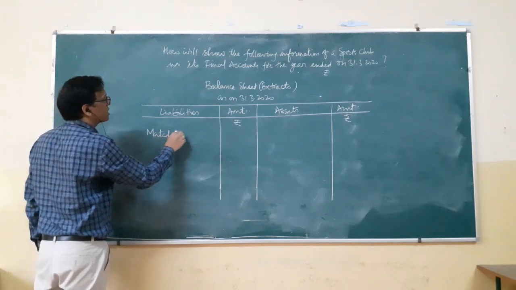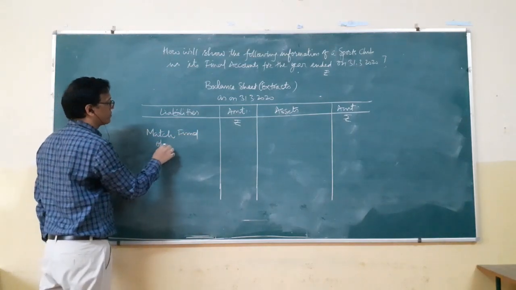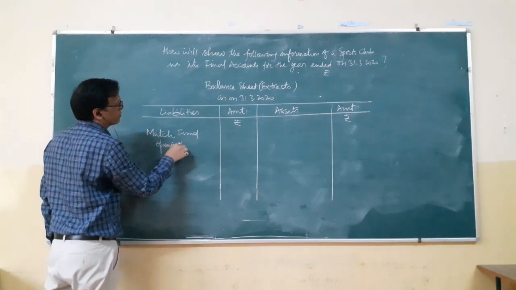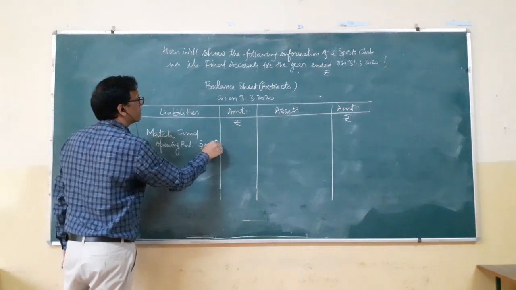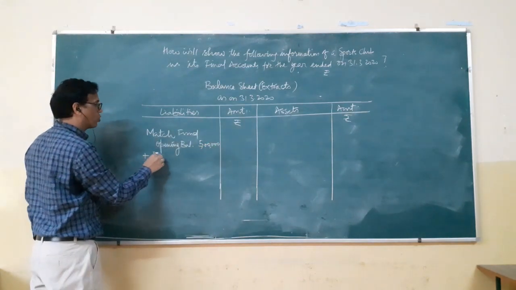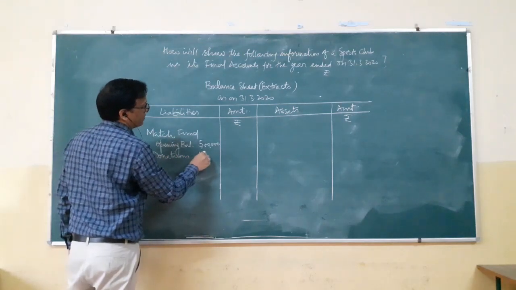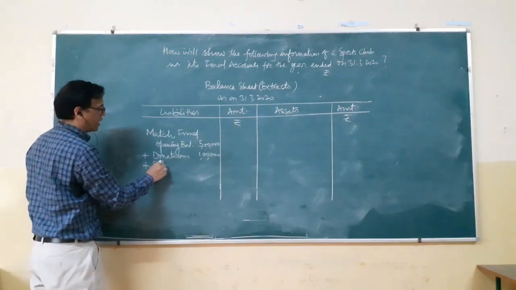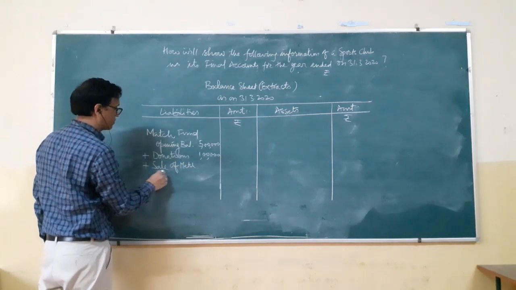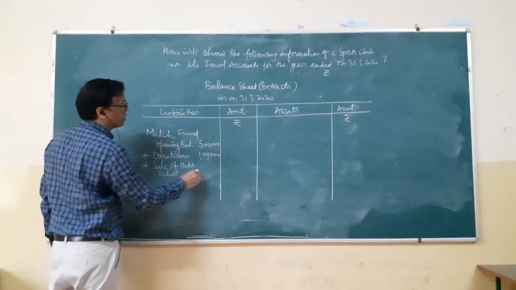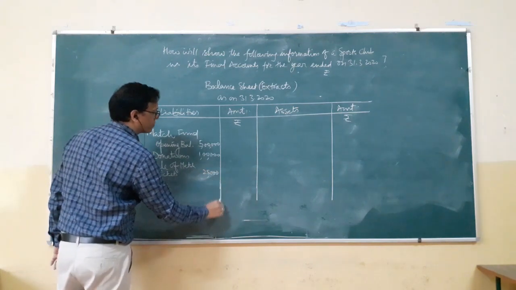Its opening balance is 5 lakh rupees, plus donations received 1 lakh, plus sale of match tickets that was 25,000.